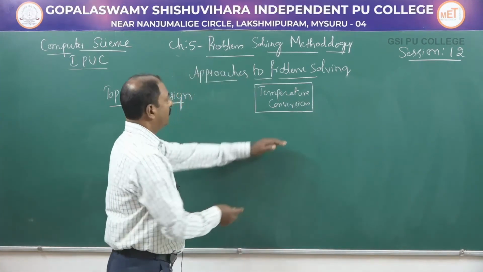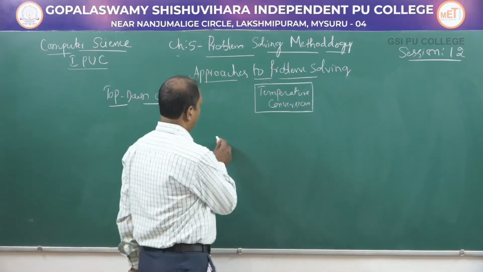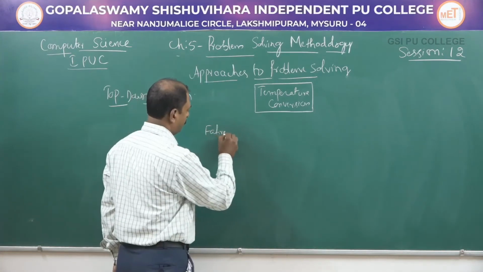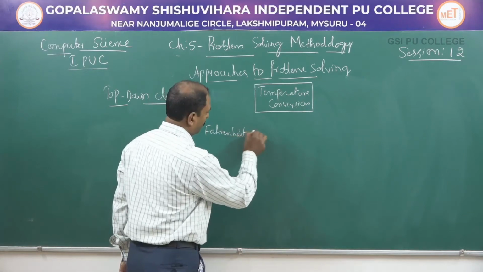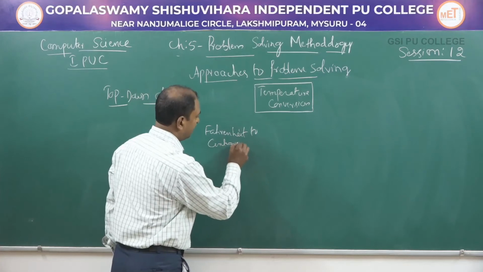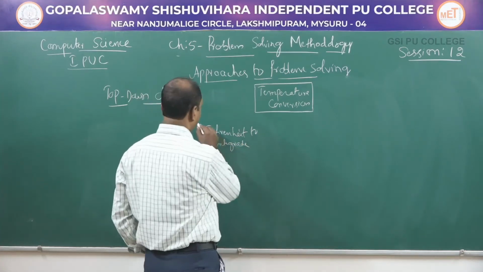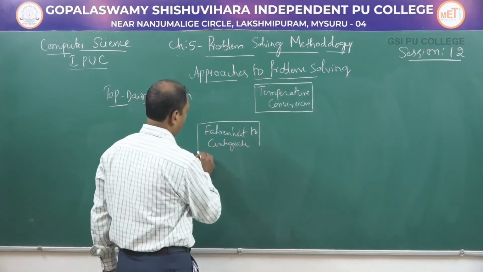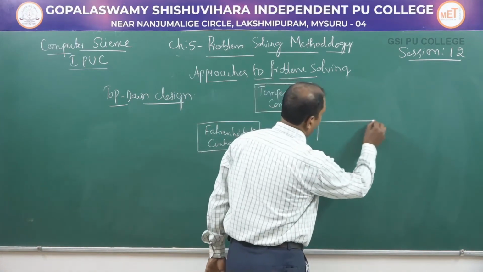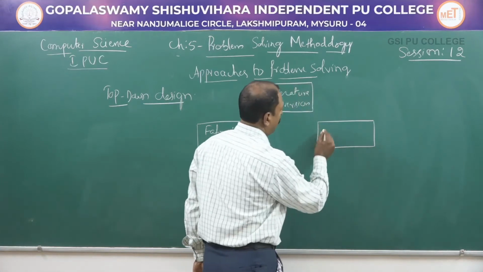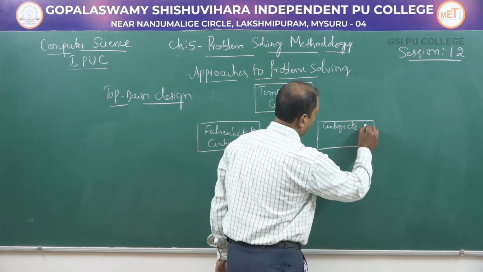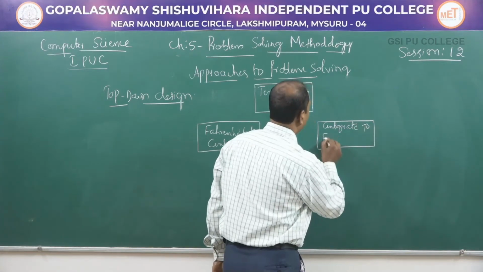So at the first stage we have to divide this into sub-problems. The first is Fahrenheit to centigrade, and the second method is from centigrade to Fahrenheit.